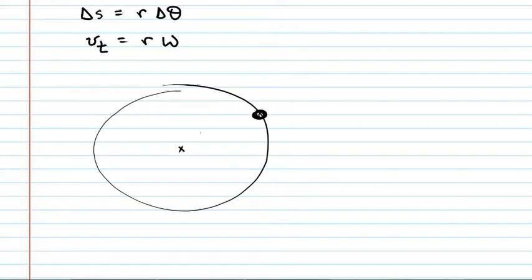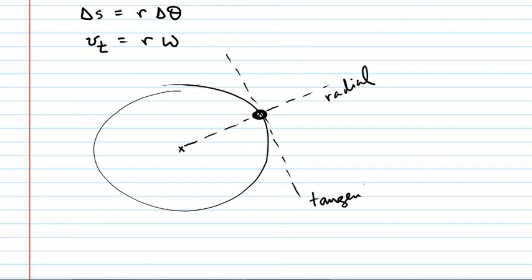But let's put this on that tilted coordinate system that we had in the last section, where we have the radial axis and the tangential axis.